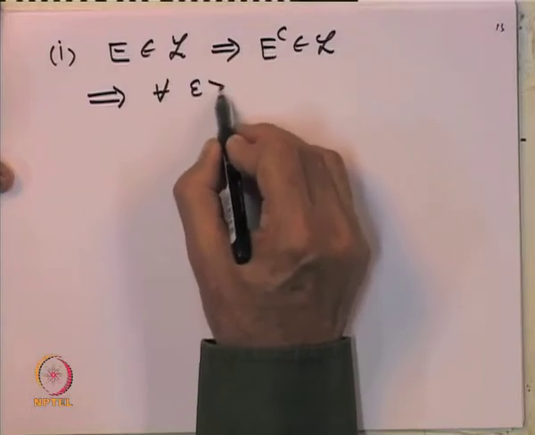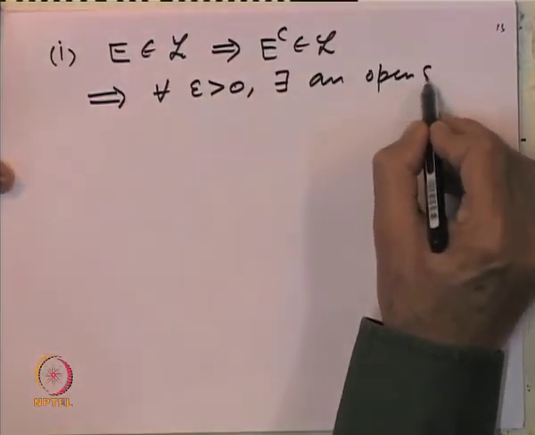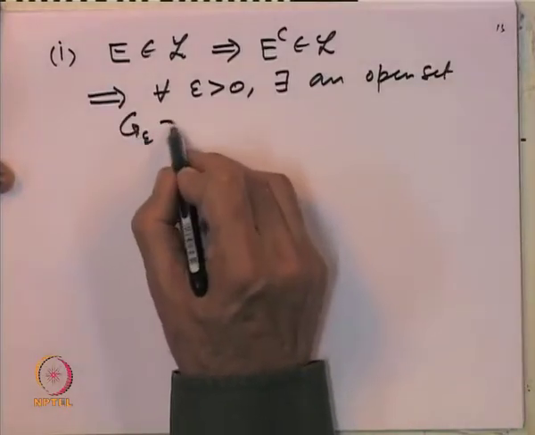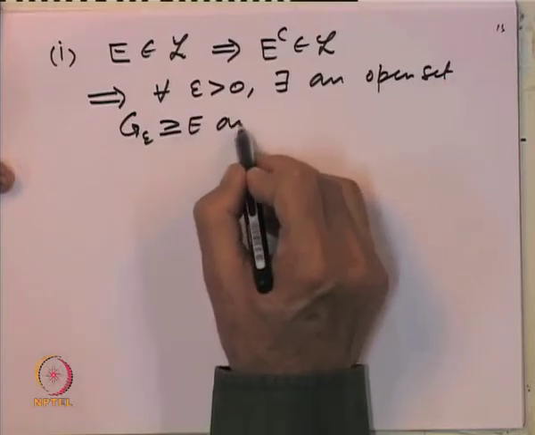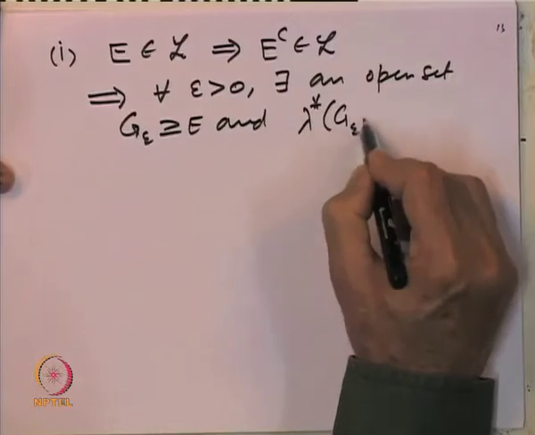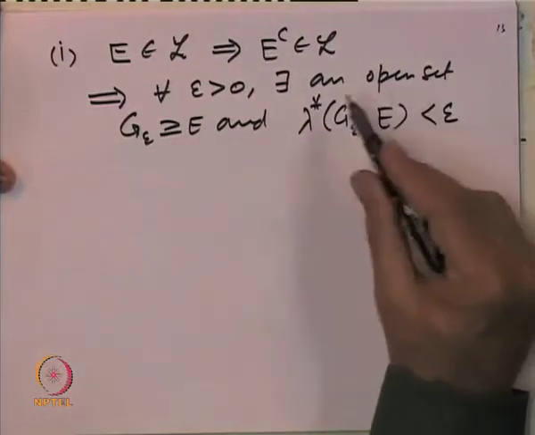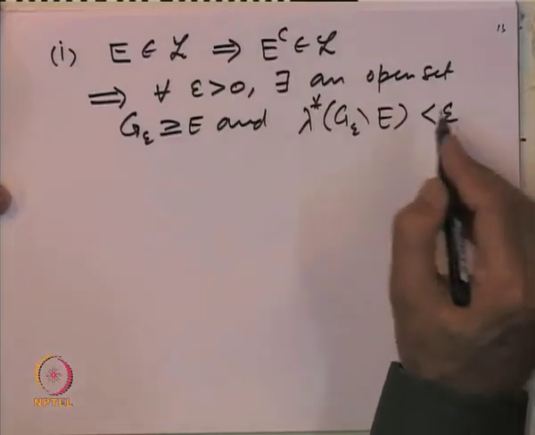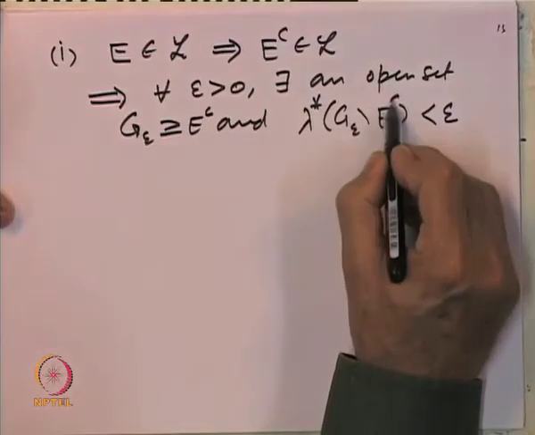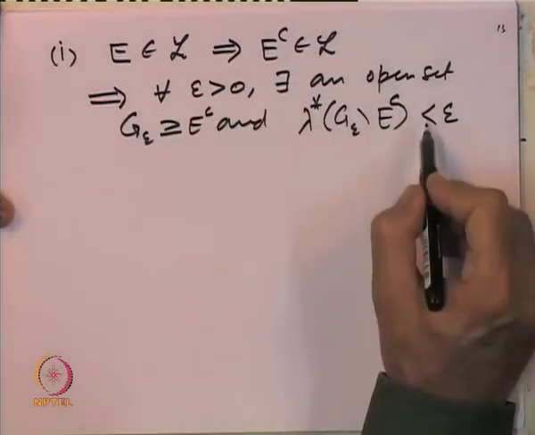So, for every epsilon bigger than 0, there exists an open set G epsilon such that this includes E complement, and the outer Lebesgue measure of G epsilon minus E complement is less than epsilon. We are applying the previously proved result to E complement.